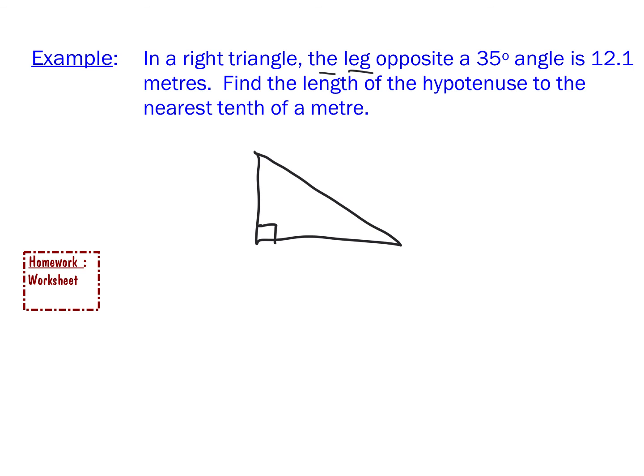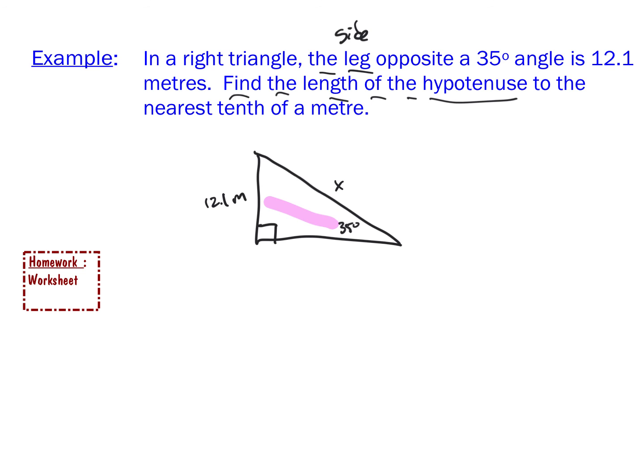It says the leg, that just means side, opposite a 35-degree angle. Let's say that's 35. So we're going to go across from there, and we get a side of 12.1 meters. And it asks us to find the length of the hypotenuse. So let's call that x, and we're off and running.